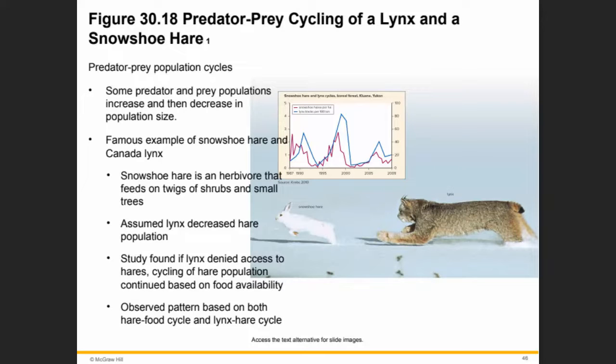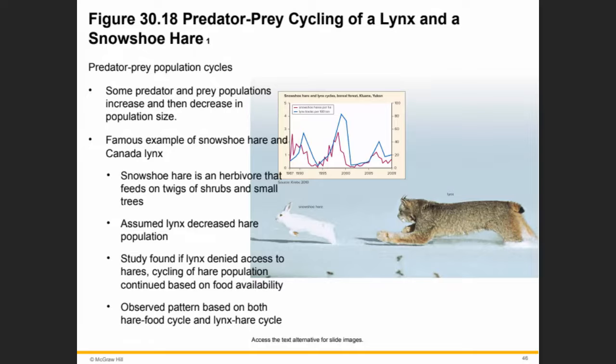The snowshoe hare per hectare spikes at 2.6 in 1989. The snowshoe hare is in red, and the lynx tracked per kilometers is in blue.